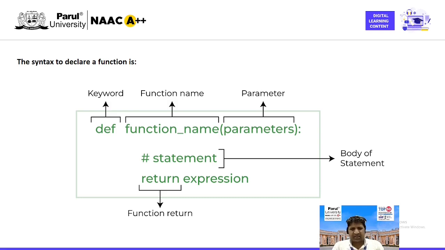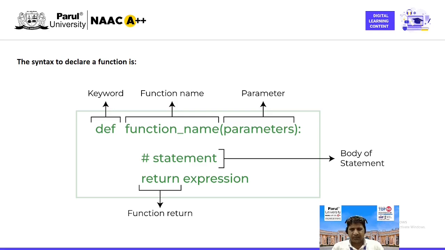Body of function means here we can write anything we want to do with the help of the function. Whatever we write here, when the function executes, these statements get executed, and a result will be generated. And the next one is the return expression.